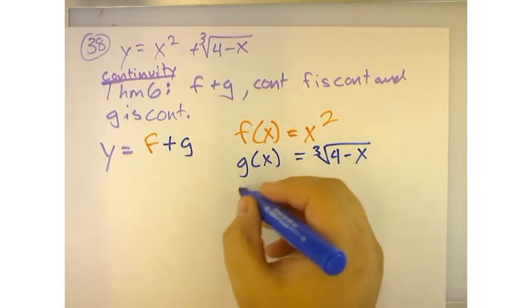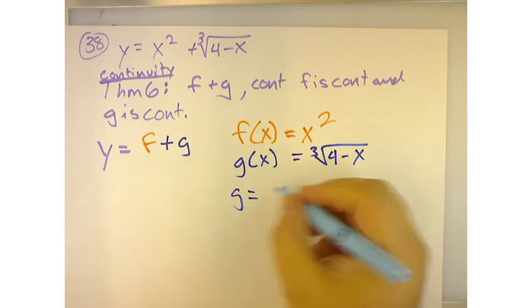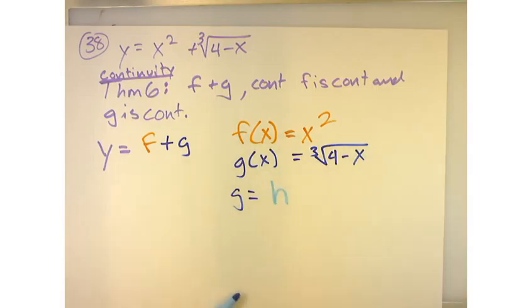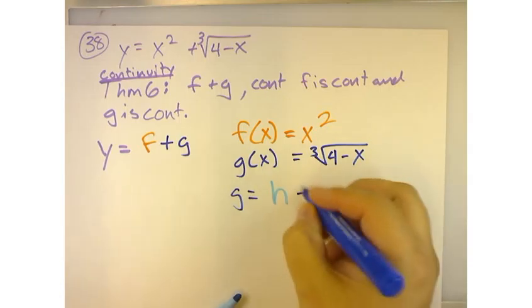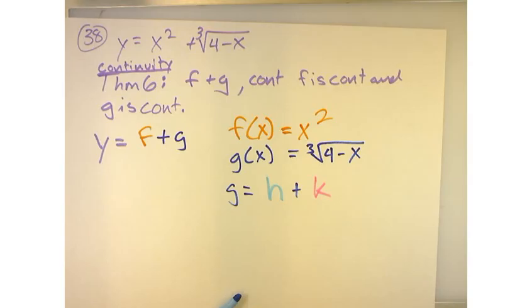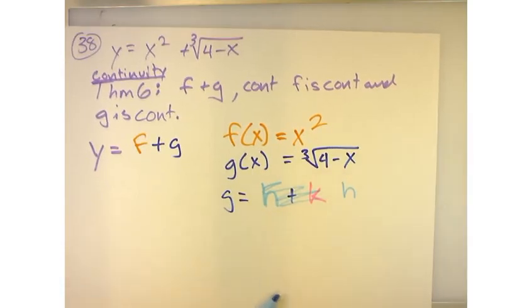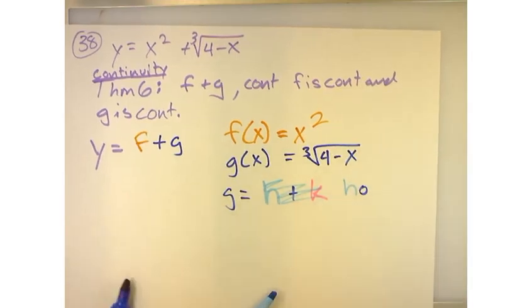But I could say that g is equal to, let's do, g is equal to h of k, right? That's the composite function.